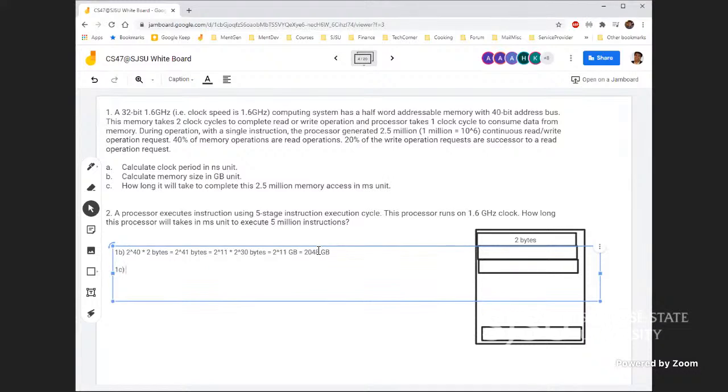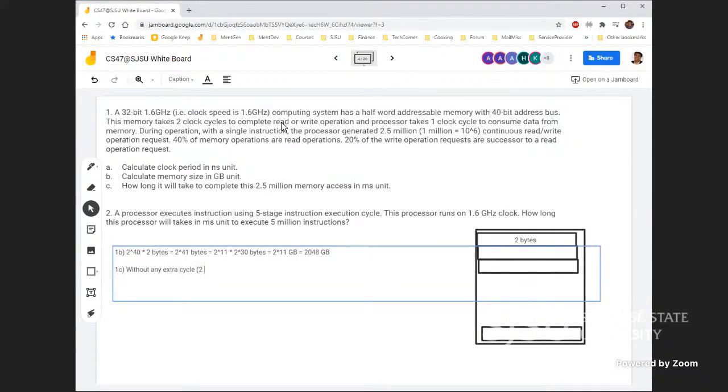Now 1C, I see this problem in a very simple way. It says each read and write operation takes 2 clock cycles. Let's not worry about the extra clock cycle needed for back-to-back read and write. Without any extra cycle, how many clock cycles will be needed?